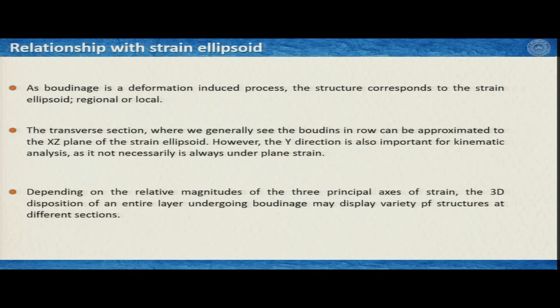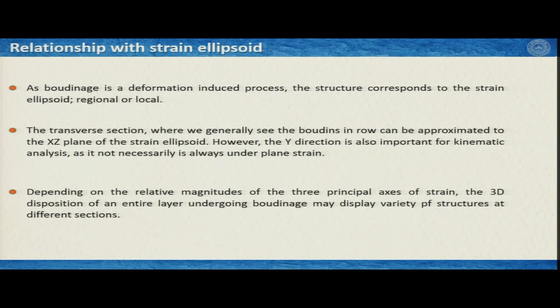Now, we will switch to the next topic, how these boudinages, or Boudins, are related with the strain ellipsoid. Now, boudinage is a deformation induced process. This is quite obvious, we have learnt it. So, the structure must correspond to the strain ellipsoid either regionally or locally.